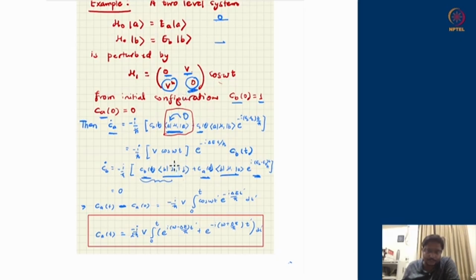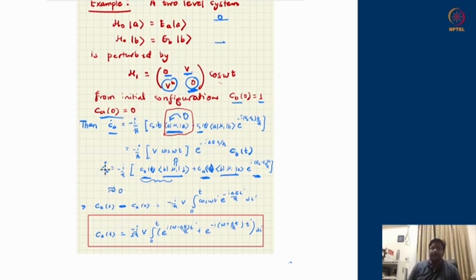Ca of t is supposed to be here, but at a time very close to the initial time, I can safely put Ca to the value 0, meaning it is a very small number if I am very close to time t equal to 0. So Ca of 0 is 0, and Ca of some t which is very close to 0 should be very close to 0 as well.